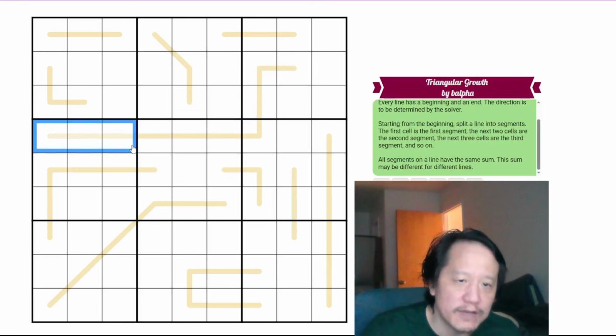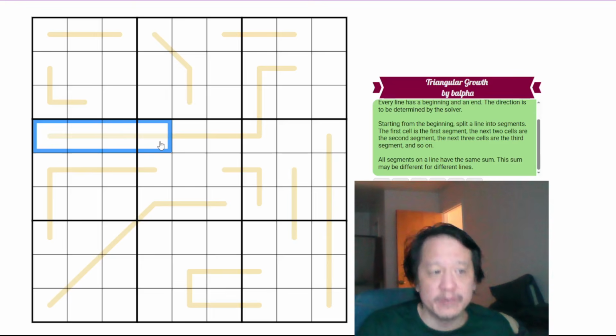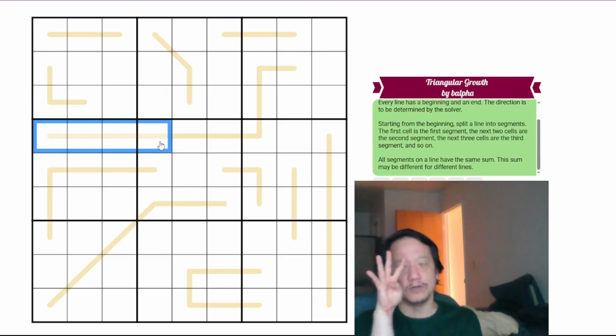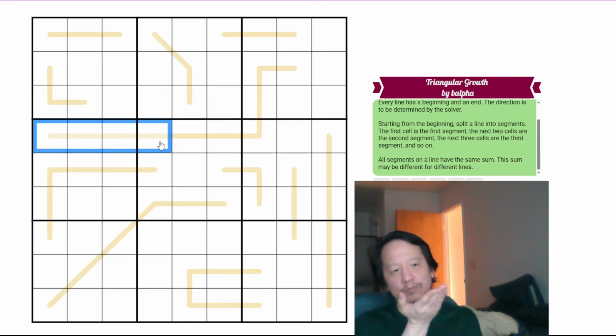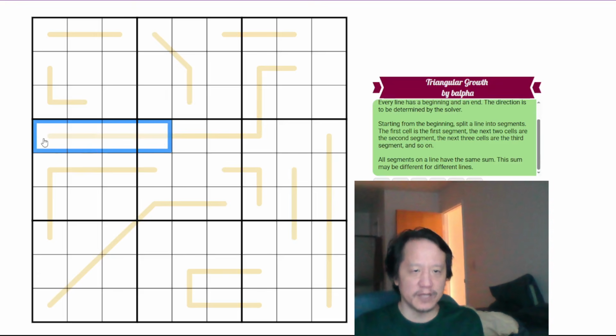If we had 4 cells here, the problem is they would all have to be unique, because they're all in the same row, and you cannot have repeats in the same row. You have to have the digits 1 through 9 exactly once each. So this cannot be the end of this line.